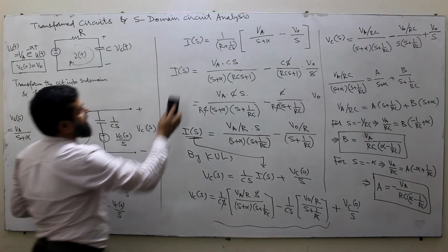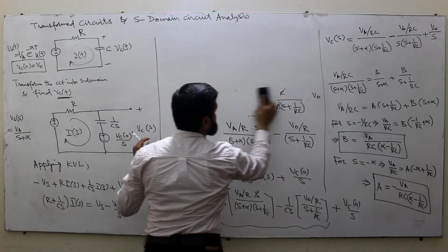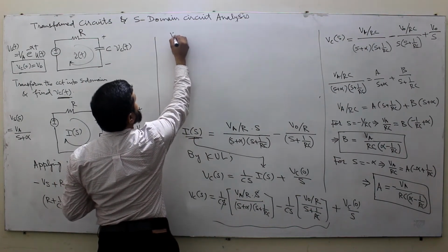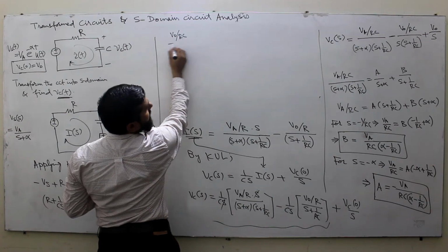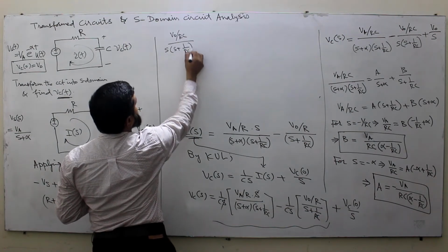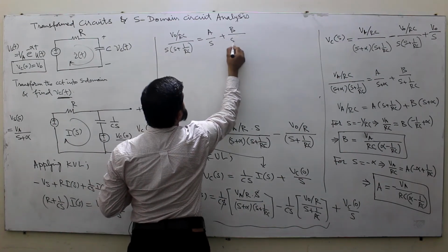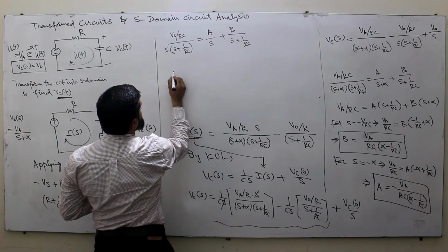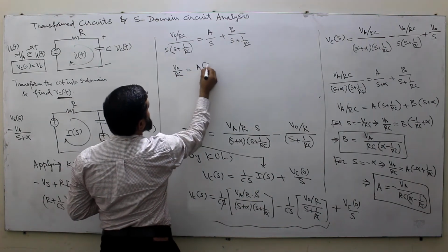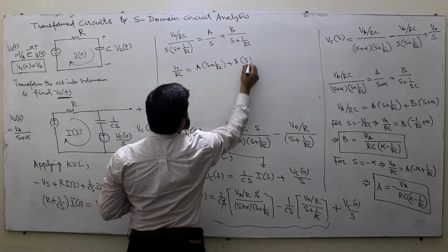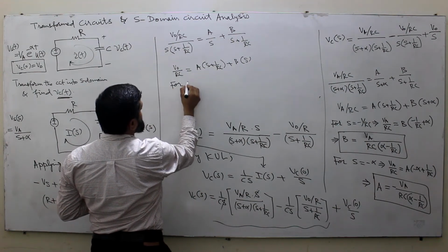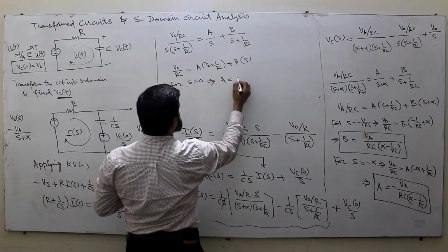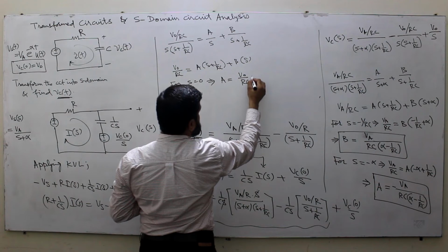Let's do that. We can actually remove this one. So doing the partial fraction for the V naught over RC divided by S into S plus 1 over RC, A over S plus B over S plus 1 over RC, and multiplying both sides with these two factors, we are going to get V naught over RC is equal to A into S plus 1 over RC plus B into S. Now for S is equal to 0, this will become 0, this is 0, so the value for A will be V naught over RC, and 1 over RC will go to the other side and will become RC.